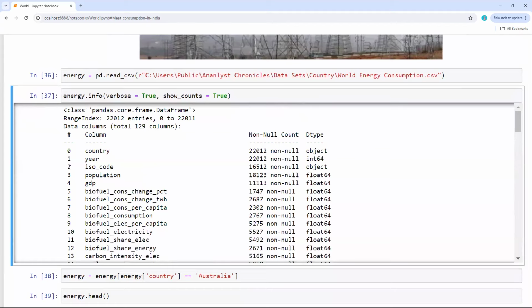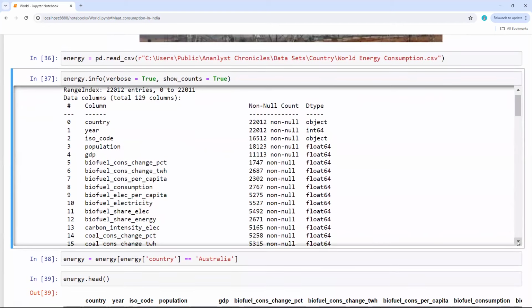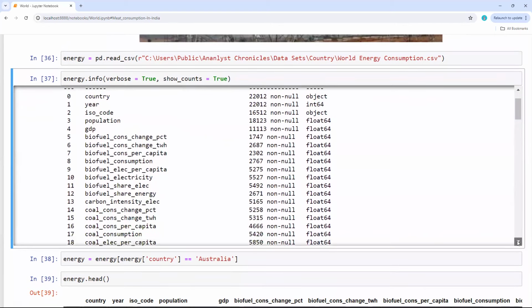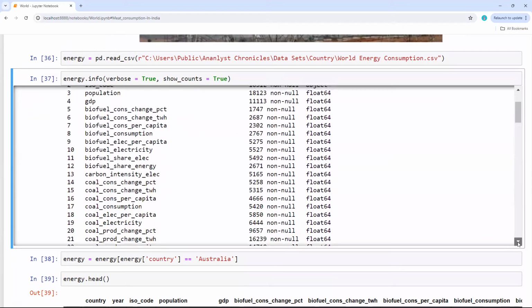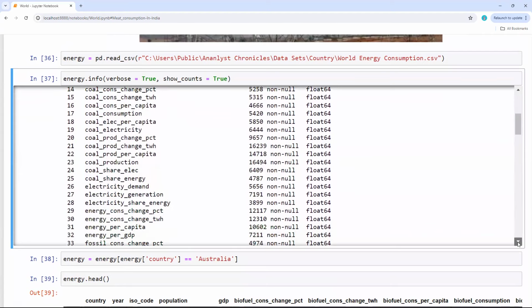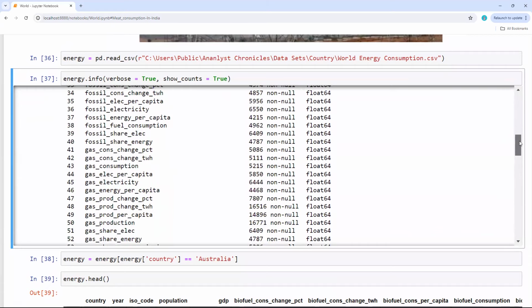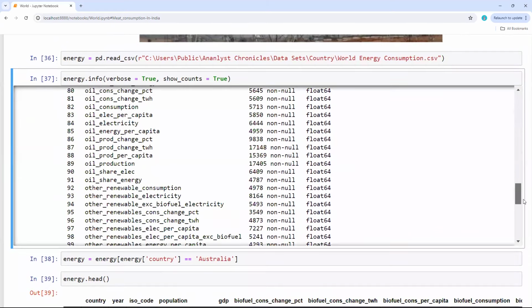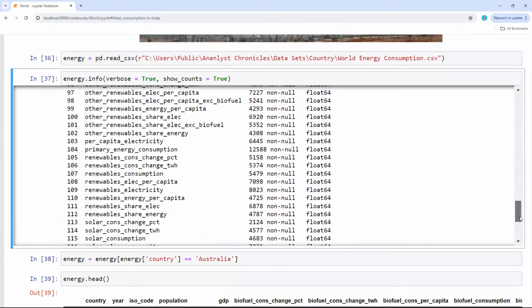This data set has a country name followed by year, then ISO code, population, GDP, biofuel consumption change, biofuel share, electricity and carbon intensity, coal, electricity demand, electricity generation, electricity shared energy. There are fossil fuels, gas, and a lot of features for different kinds of energy sources.